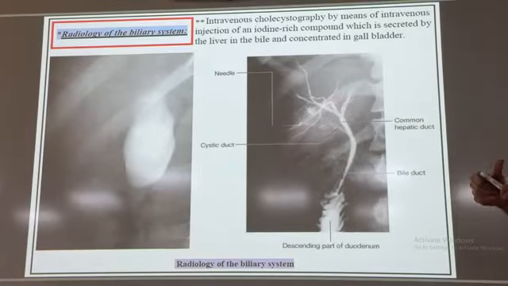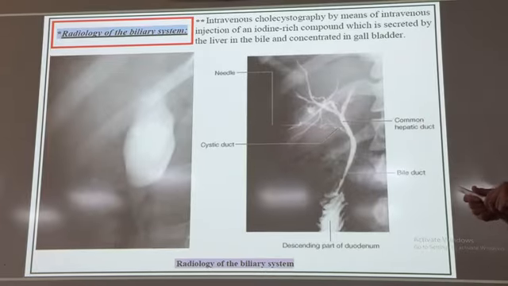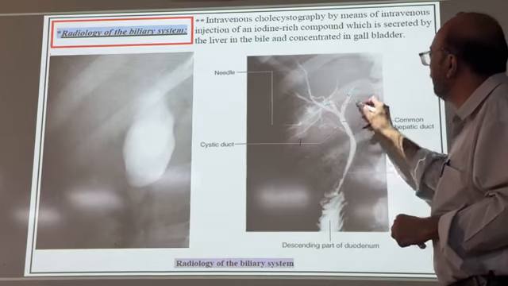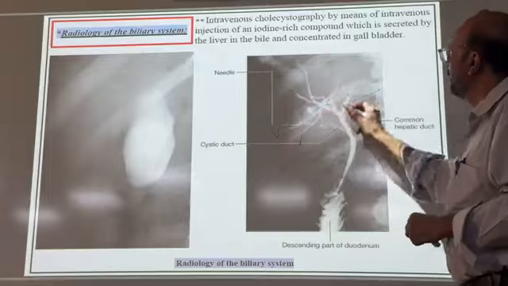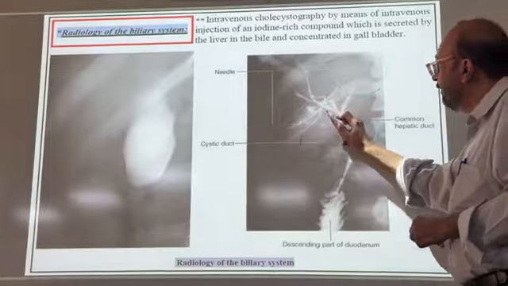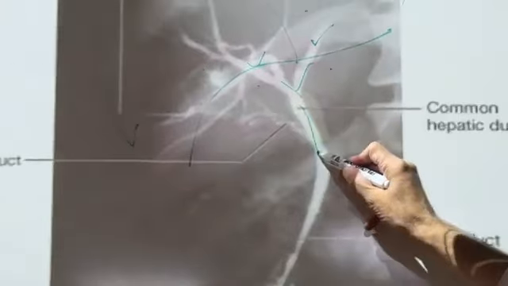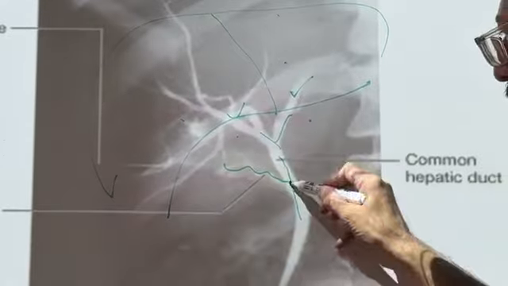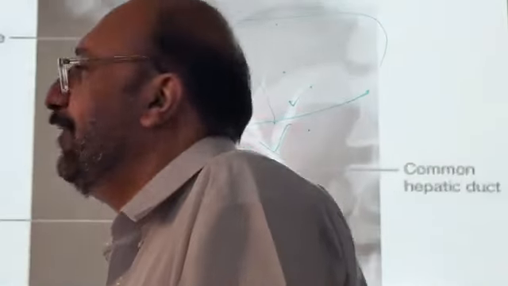Now you can guess some areas. Where is the right hepatic and left hepatic? Up here, probably this and this. So think the liver is like this: right lobe, left lobe, right hepatic, left hepatic. The common hepatic will join the cystic duct. Why is the gallbladder not visible here? Because it has contracted.